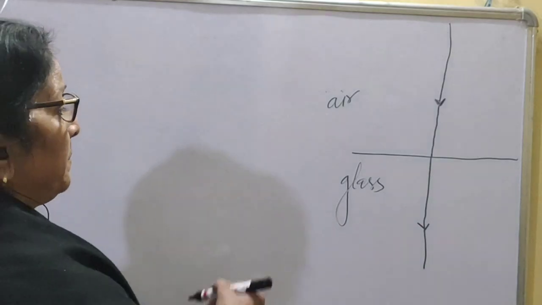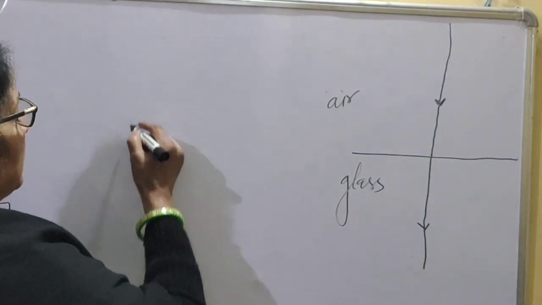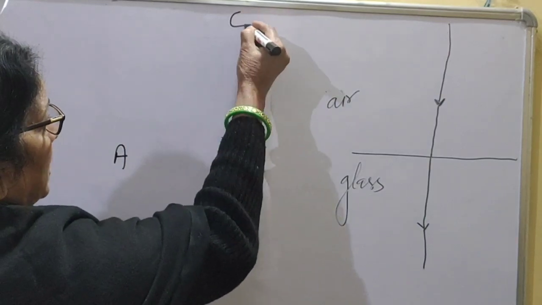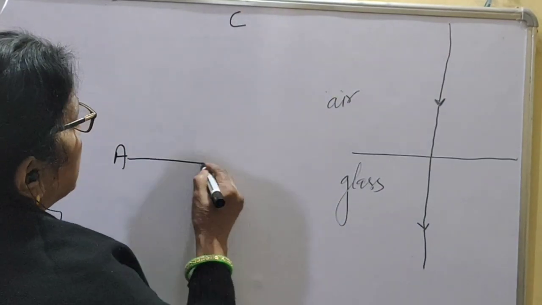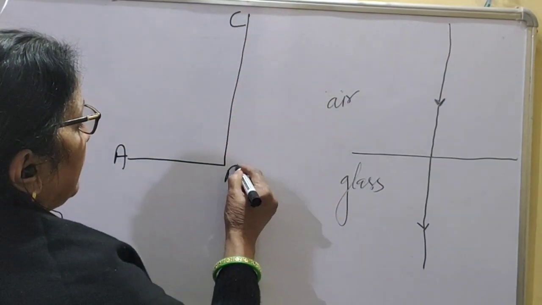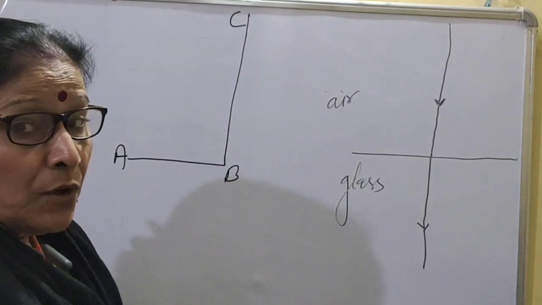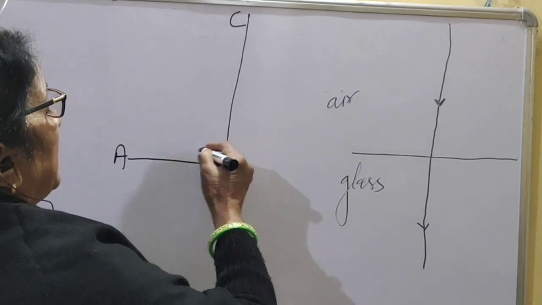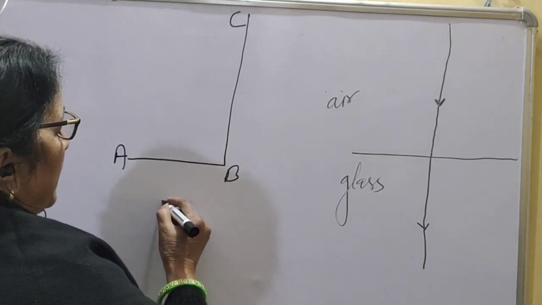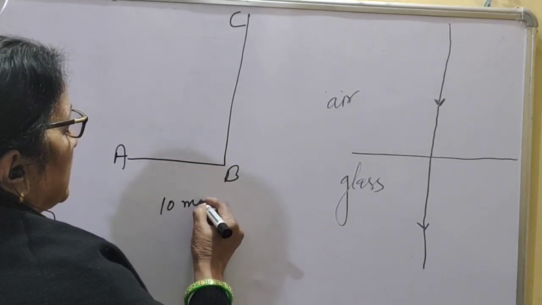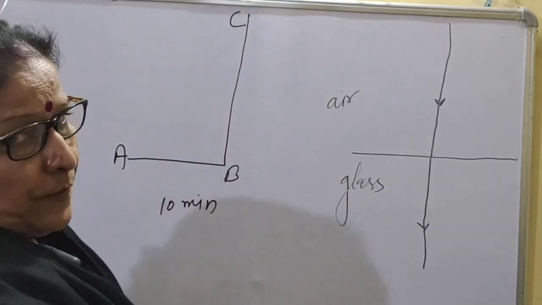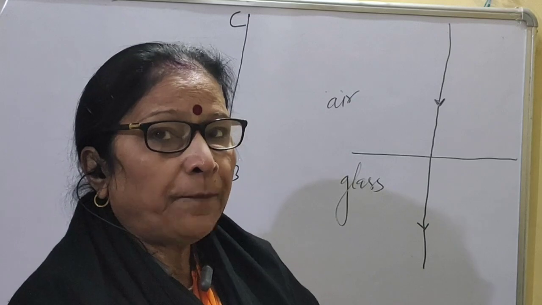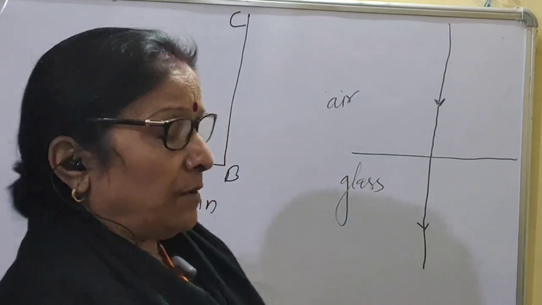Then one more thing I am making you understand. Suppose I am at A and I have to reach C, but the path is like this: A to B and then B to C. Suppose I have been given 10 minutes to reach from A to C. If I walk with my normal speed, I would reach there in 10 minutes.